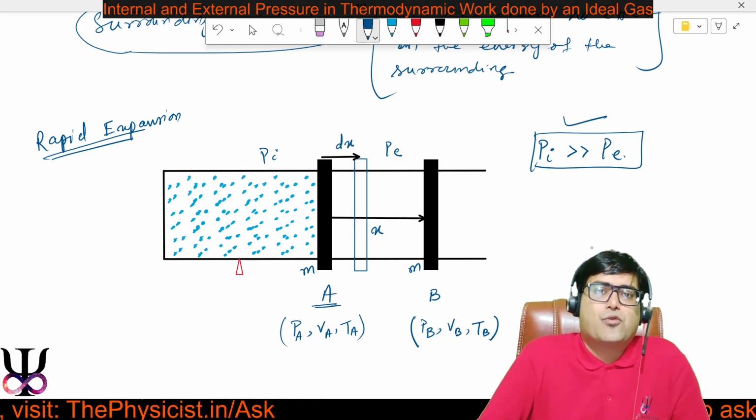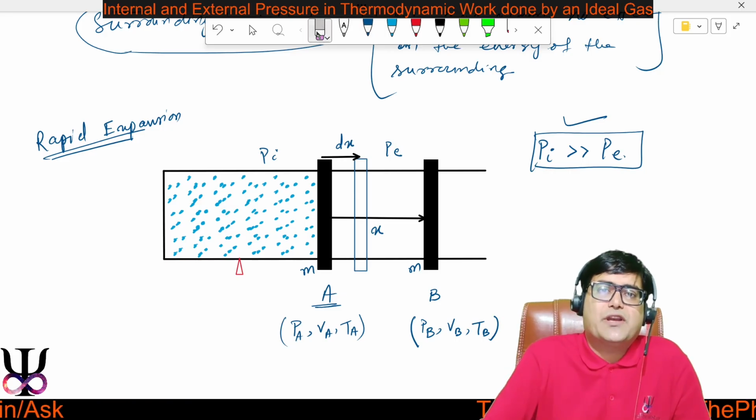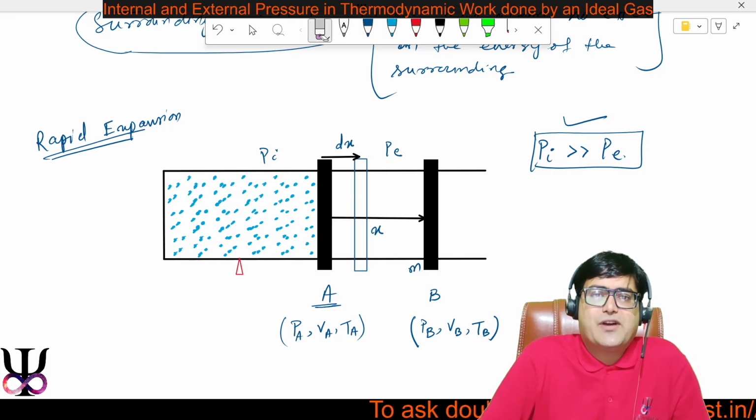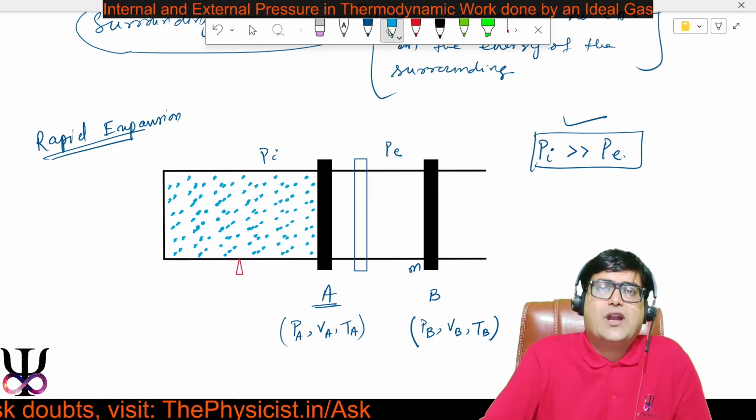In that case, when the piston has already expanded, imagine if I remove, okay, ignore this red one. Now understand what happens.